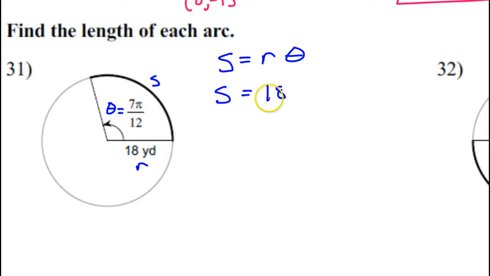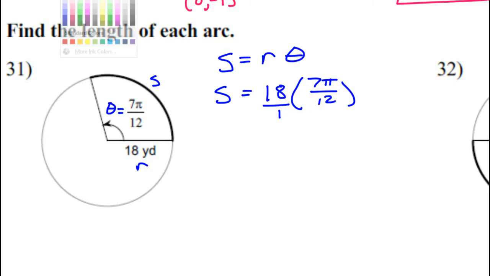So the radius is 18 and the central angle is 7 pi over 12. So we're just going to basically reduce this fraction. And I like to reduce even before I multiply to keep the numbers smaller. I'm noticing that both of these are divisible by 6.